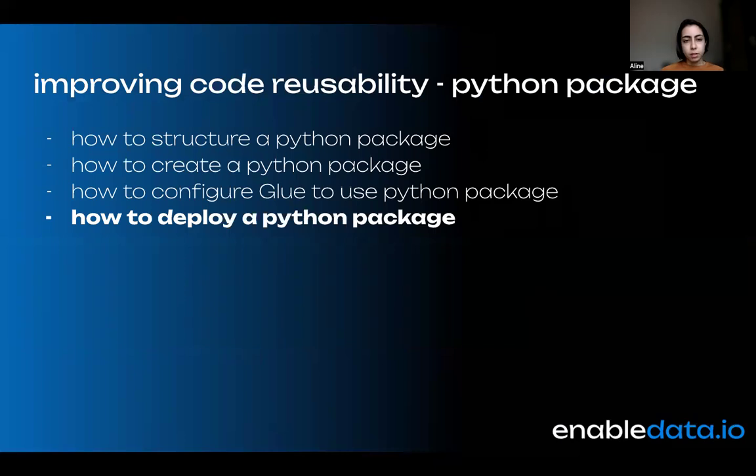And last but not least, how to deploy a Python package. After structuring your Python package, creating it, and configuring your Glue job to use it, you realize that you need to add something or create another class or whatever, and maintain it, which is the goal here.